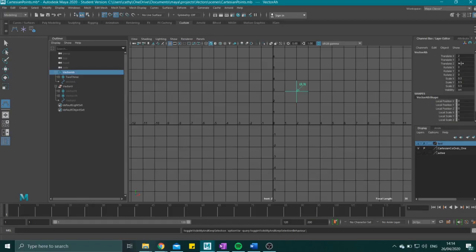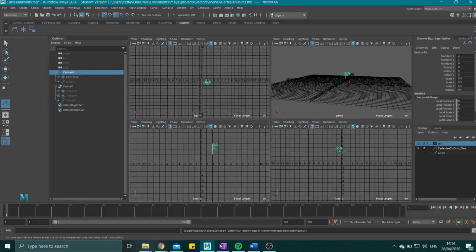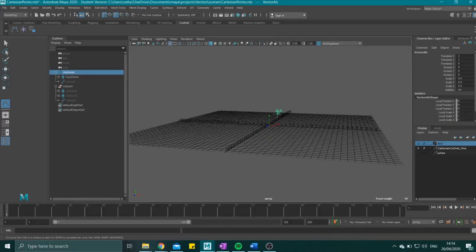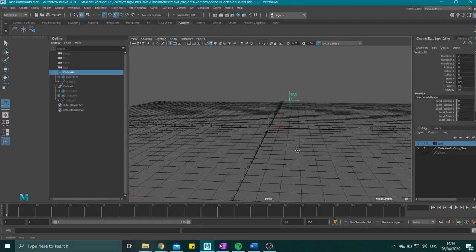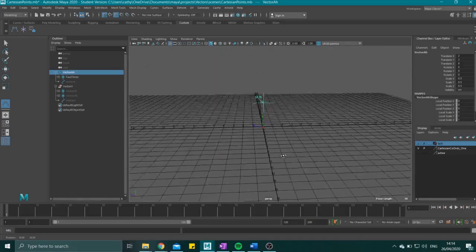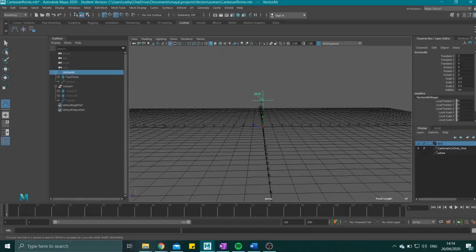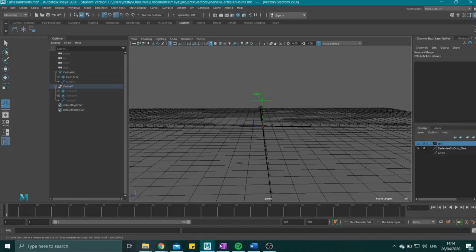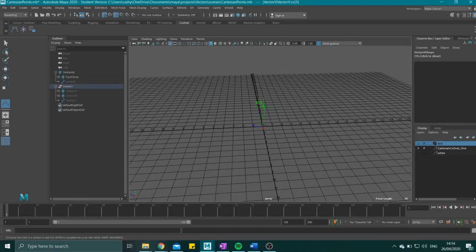If we go back and look at this in our 3D view, we can see that we are over 2 on our x, and our y is up here. We can't actually see it, but we can see that it is up on the y-axis. We can also see clearly that our z-axis, our third axis along here, is still at 0.